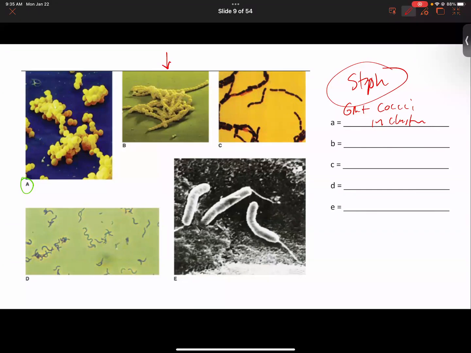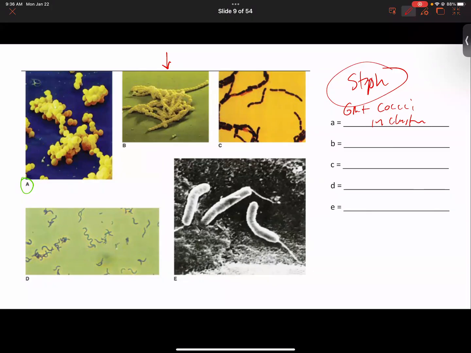Okay. All right, somebody tell me about B. Cocci in chains, yeah, absolutely. All right. And if I tell you that they stain positive, crystal violet sticks, now you have gram-positive cocci in chains, and you guys know that that could be a couple things, right? Most commonly, though, what's it going to end up being? Yes, streptococcus.